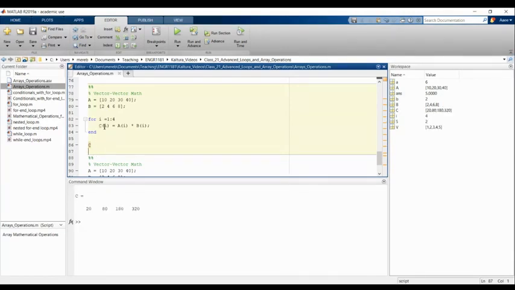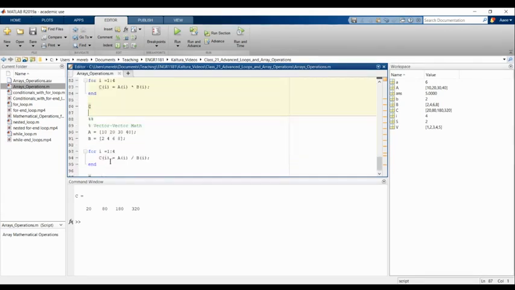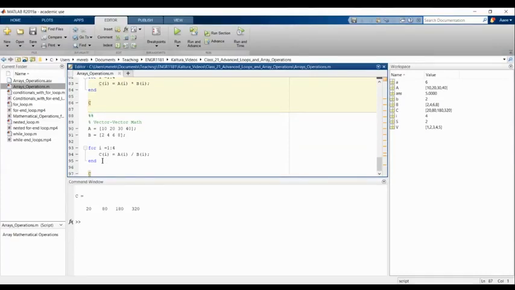So C1 equal 10 times 2, which is 20. C2 equal A2 times B2. And this should also work with division. So let's test it and see 10 divided by 2. So you get 5, 5, 5 for each one of them.